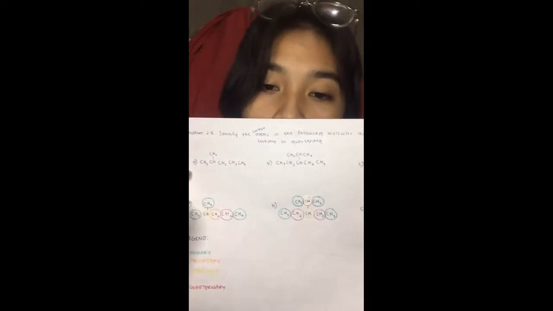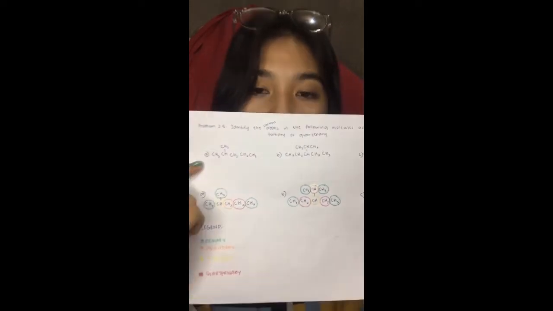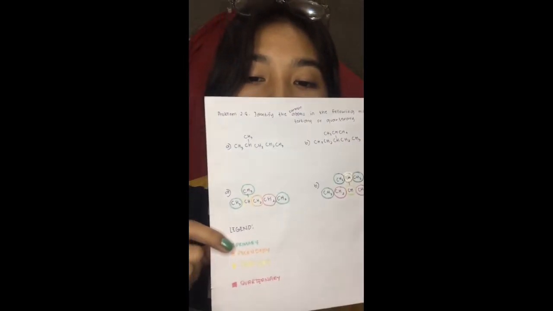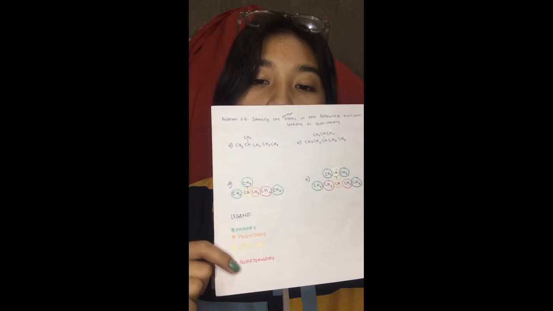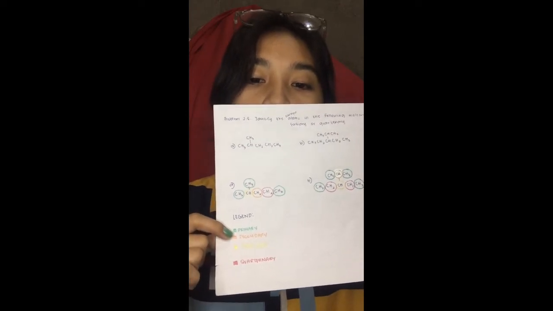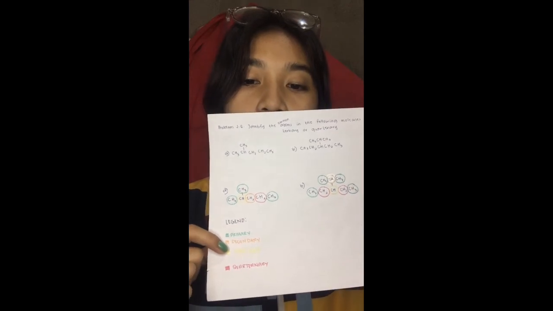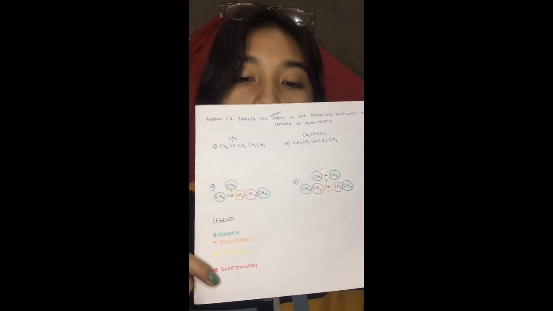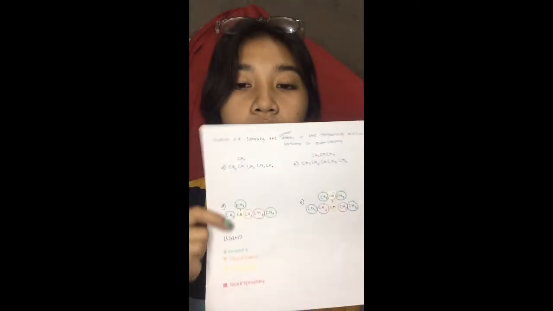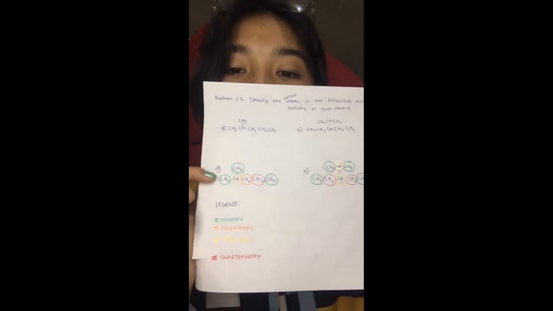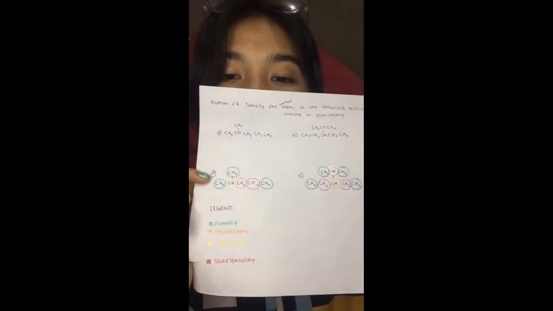So these are the legends, the color here. So the green one is the primary, the orange one is secondary, the yellow one is tertiary, and the pink one is quaternary. So the carbon atoms here, letter A.